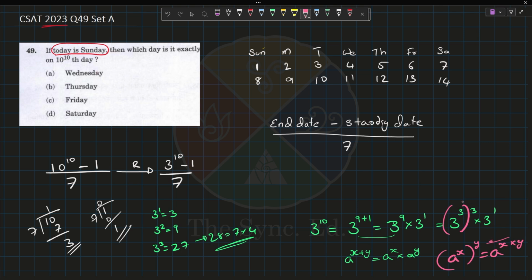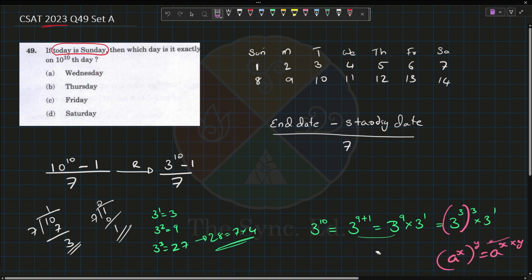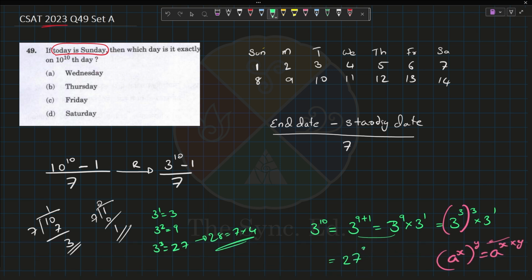So this thing eventually will become, there is no space enough, that thing will become 27. 3 cubed is 27, so 27 cubed into 3 raised to 1. Now I am going to replace this value. Once I replace that value, I am going to get 27 cubed into 3 raised to 1, minus 1, by 7.